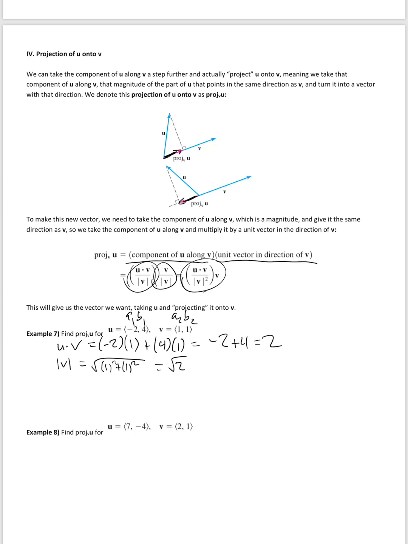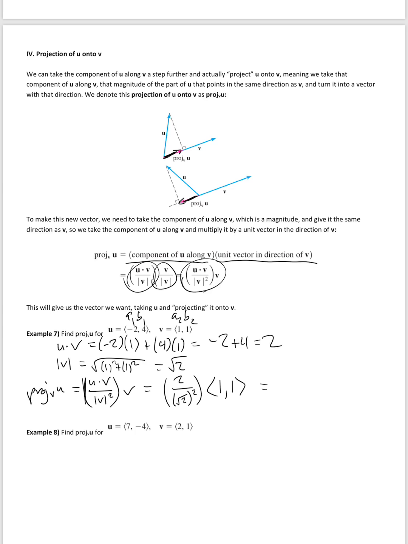So let's plug all of this into our formula. The projection of u onto v is u dot v over the magnitude of v squared, and then we multiply that by vector v so that we get that same direction, but we have the right magnitude that we want. u dot v was 2, over square root of 2 squared, times vector v, which was 1, 1.